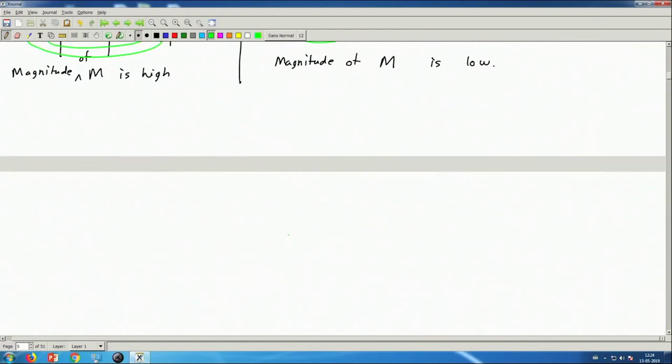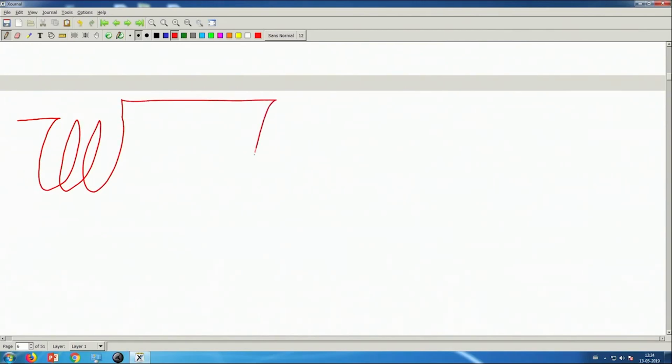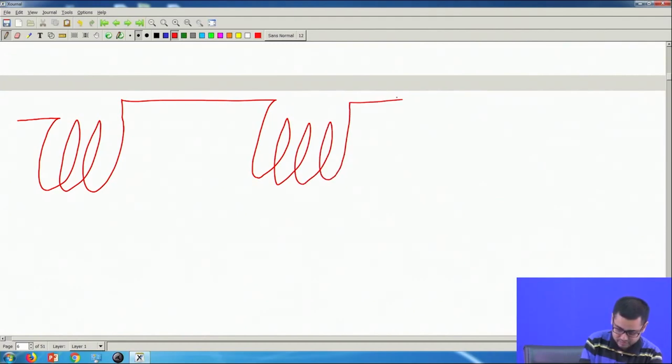So, let us consider our electrodynamic instruments, where you recall that we have two pairs of coils. This is one of the fixed coils, this is another fixed coil, and they may carry some current IF, and we have a moving coil between these two.